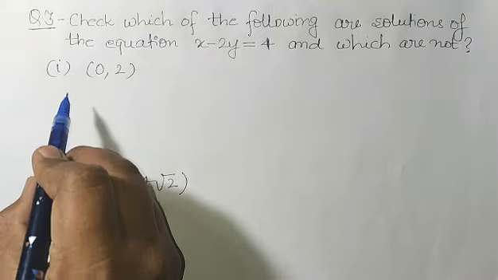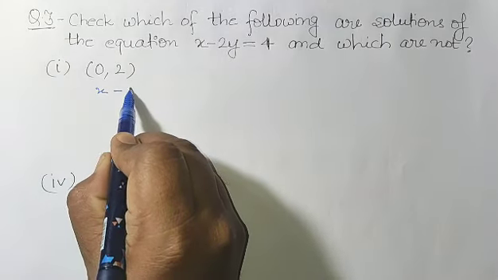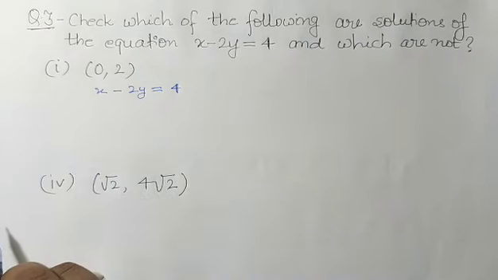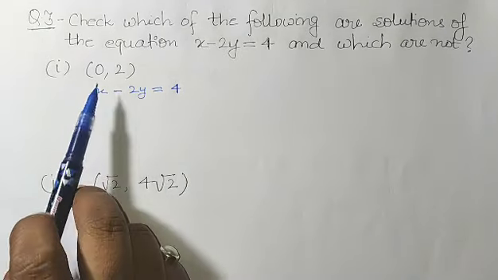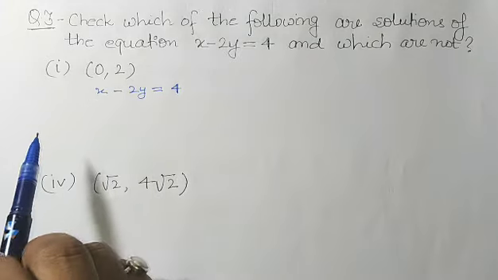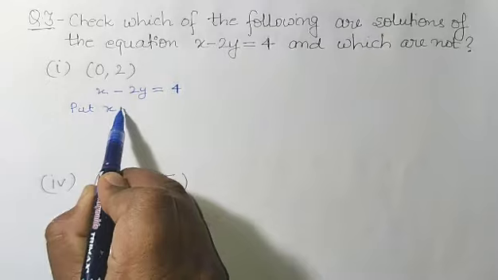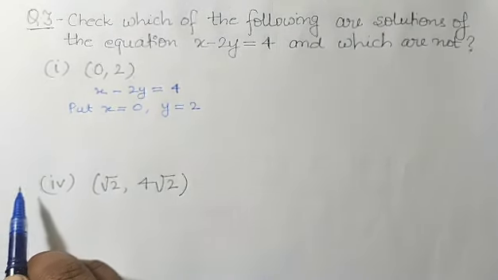Okay students, so here the equation we have is x minus 2y is equal to 4, and we have to check whether this equation is satisfied by these values or not. So here we will put x is equal to 0 and y is equal to 2.